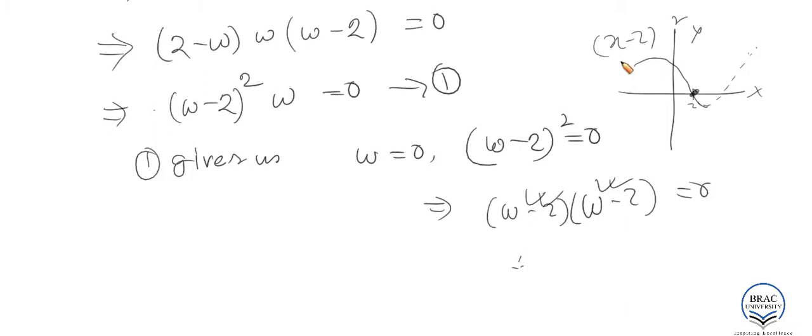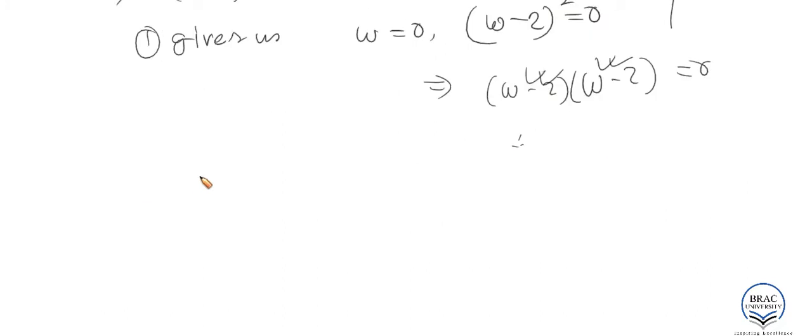An equation of degree n will have n roots. So it's an equation of degree 2, and it should have two solutions. Here the solutions are just repeated. So we say our eigenvalues omega are 0, 2 and 2.